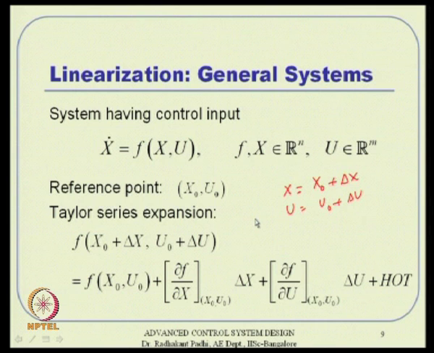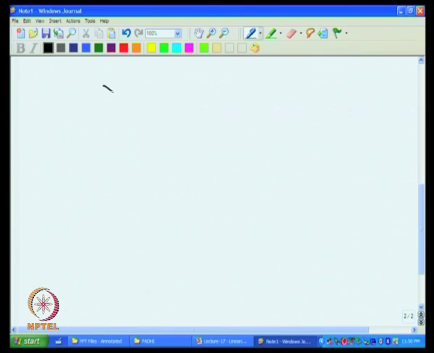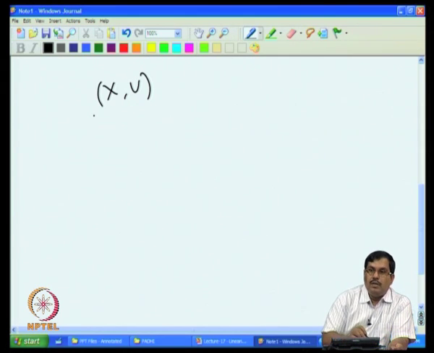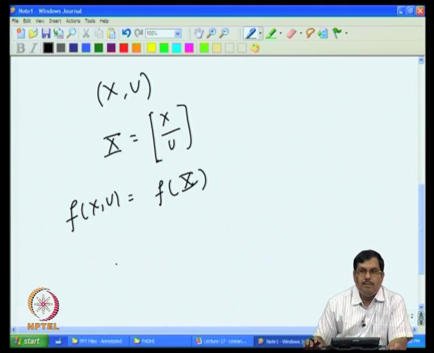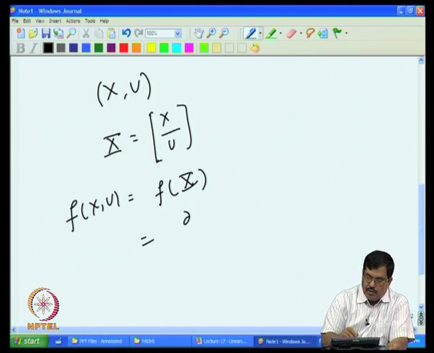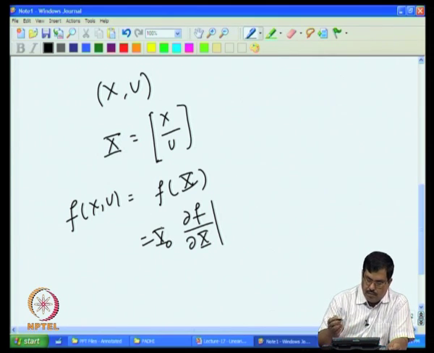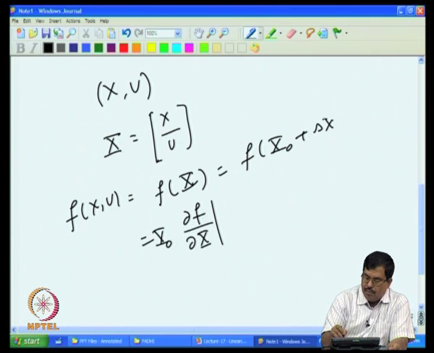One way to look at the problem is something like that. I have x, I have u combination. So, I can also visualize another big vector which I will put together, x first and u next actually. Then f of x u is nothing but f of this big vector, in a way. So, if you want to expand that, x 0 plus delta x, big delta x like that.